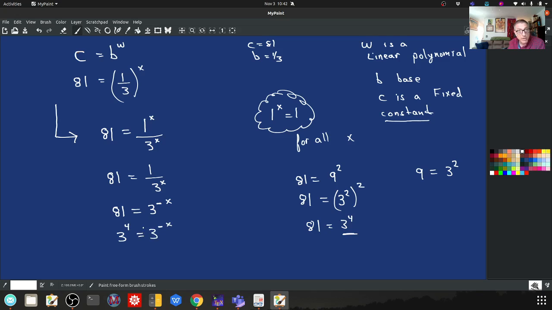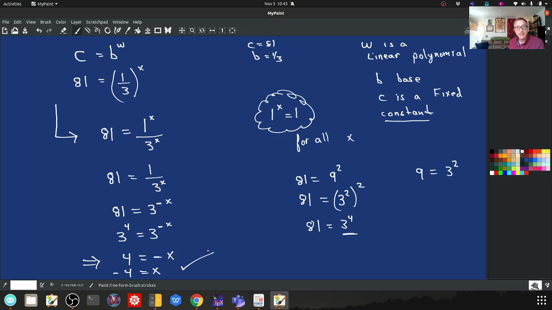So by the one-to-one nature, this implies that 4 is equal to minus x. In other words, minus 4 is equal to x. And we have solved the equation.